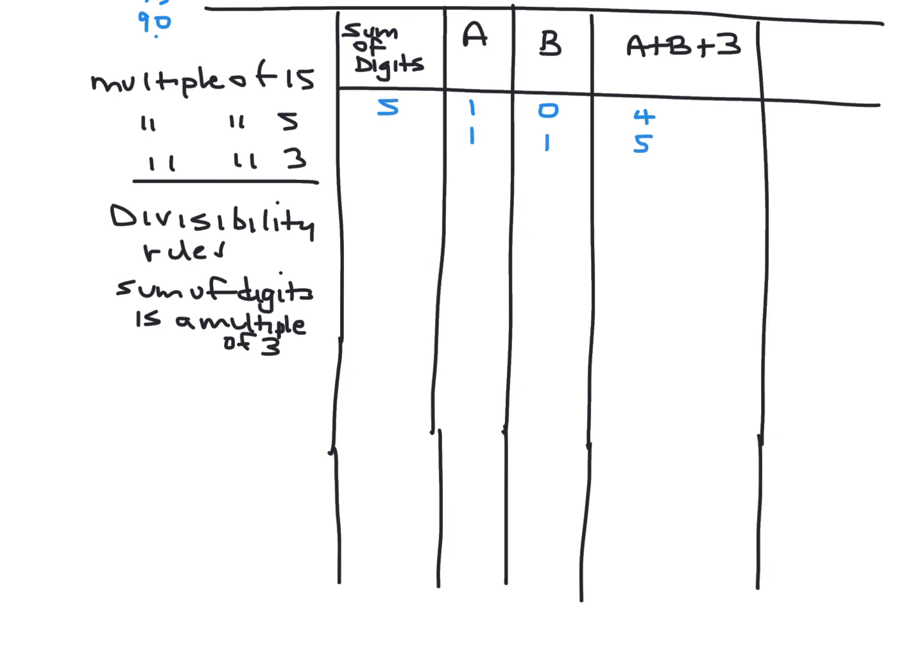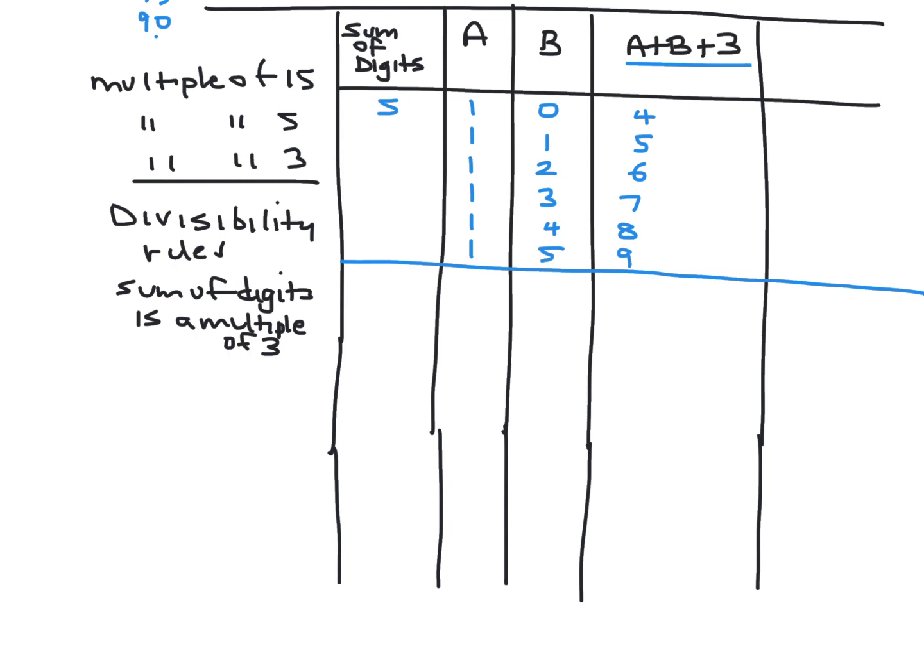We just continue. I'm just doing A equals 1 for now, and we will stop once we reach 9 because that's the highest a digit can be. We can't go any further because this has to be a digit between 0 and 9.